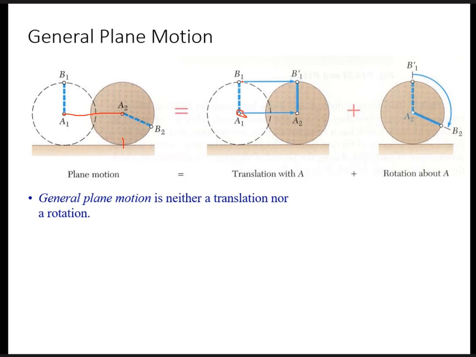So the velocity of A is equal to the velocity of O plus the velocity of A with respect to O.